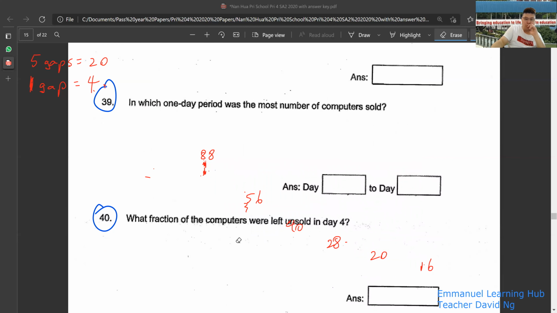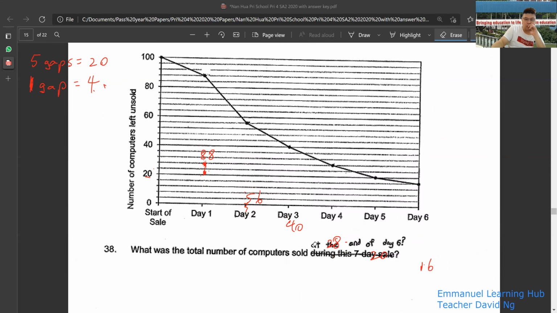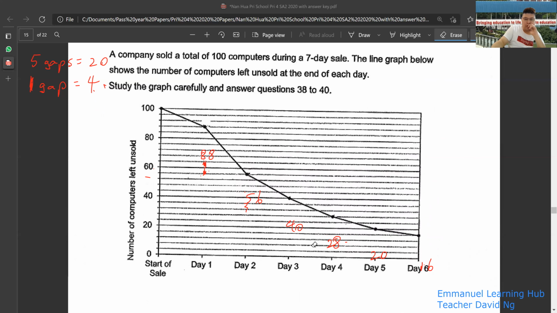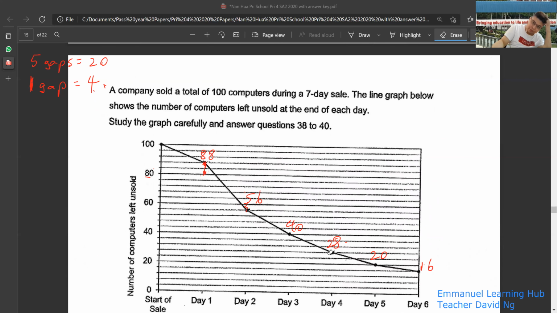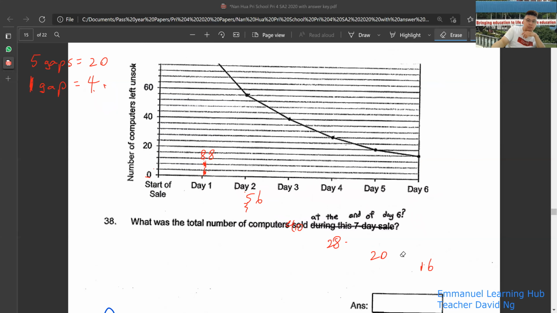Okay, what fraction of the computers were left unsold on day 4? So day 4, you left 28, right? 28 unsold, right? Day 4. Yeah. Then what fraction is left unsold?